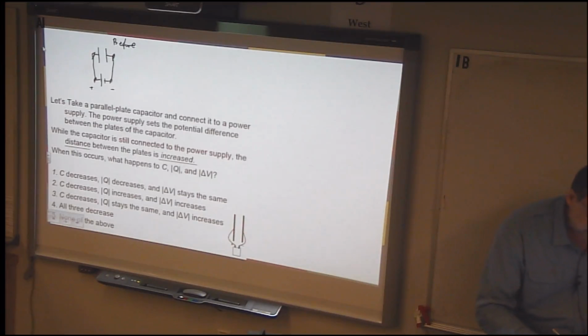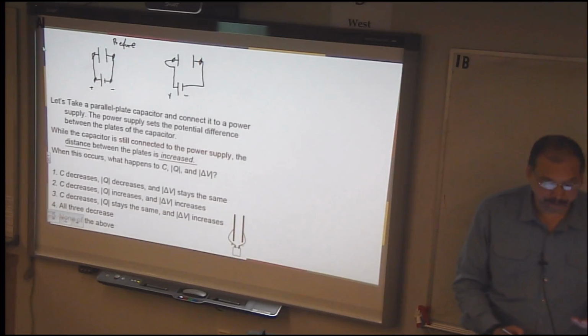And how would you draw a picture for after? Well, same battery. But now the plates are moved away from each other.